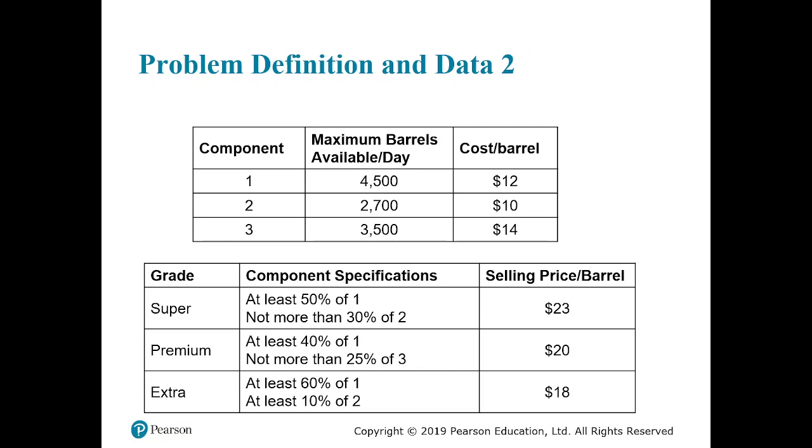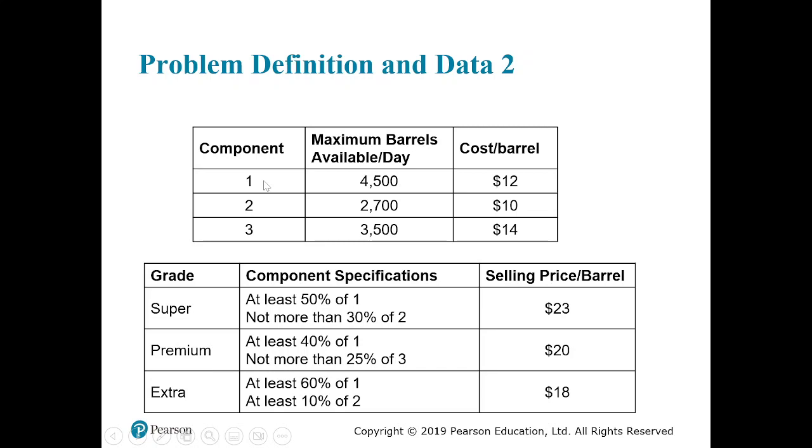For example, you have three different motor oils here. You have super, you have premium, and you have extra. To make super, you need to mix all these components, component 1, 2, 3, and then the same components 1 to 3 are also used to make premium oil and extra oil, but the composition will be different. So let's look at each of these components.